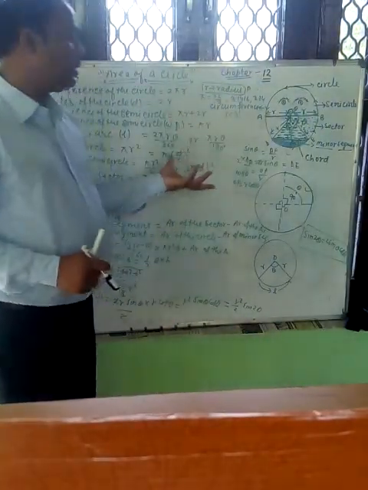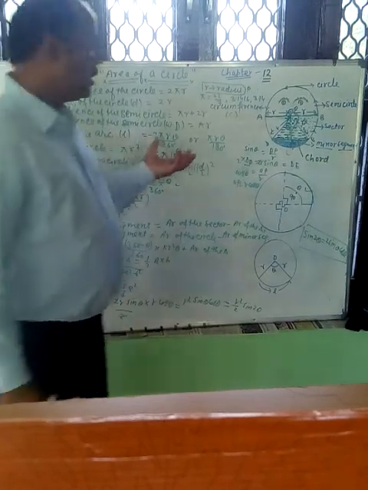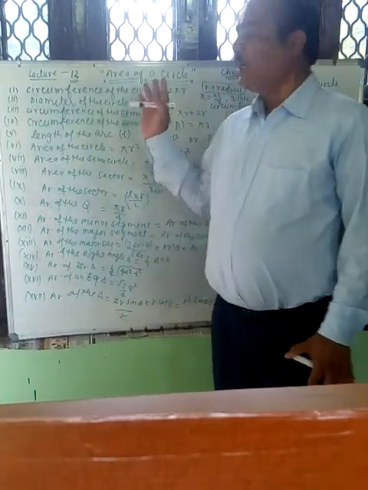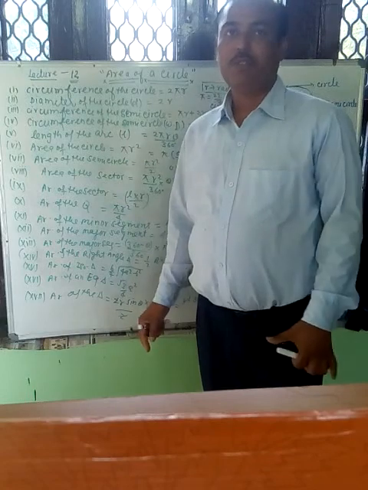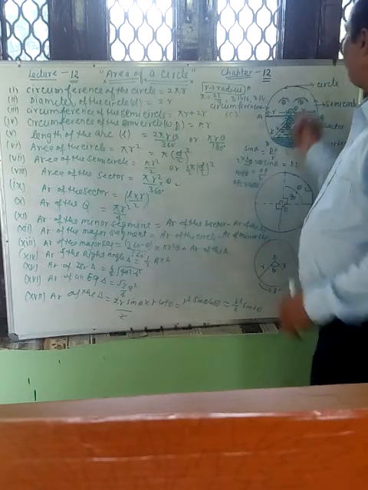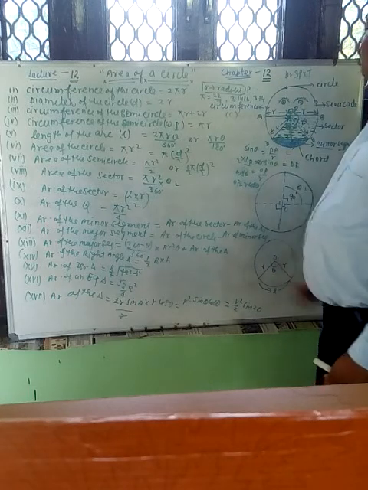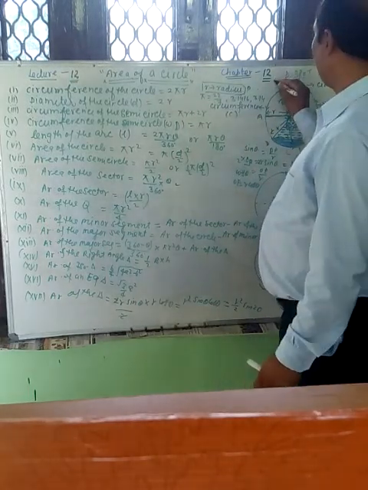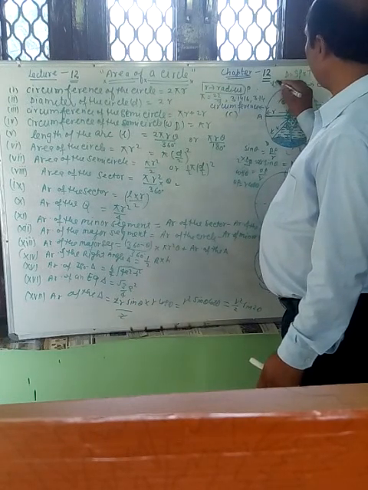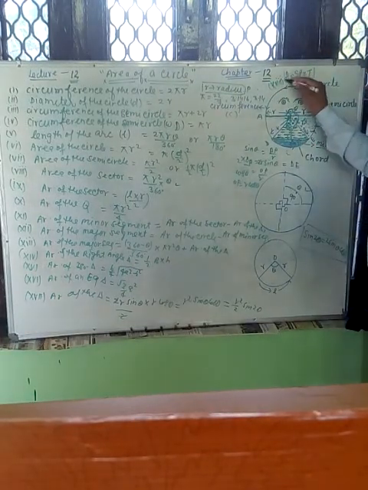So dear students, many questions will be created in chapter number 12. Some of them are speed related, like in exercise 12.1 question number 5, which is also related to speed. Distance is equal to speed into time, this formula we can also use in those questions, that is formula number 15.